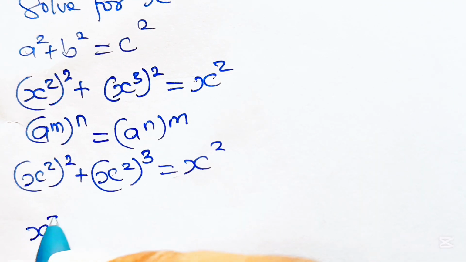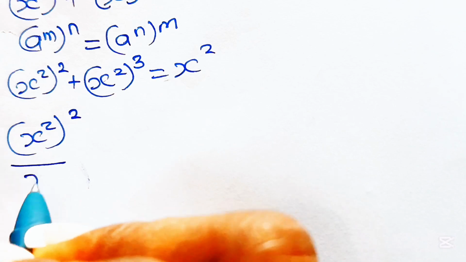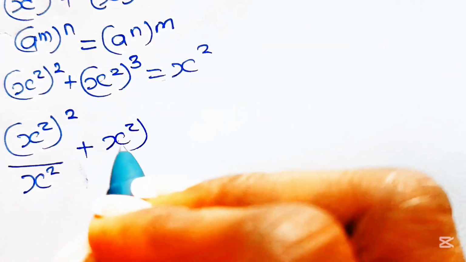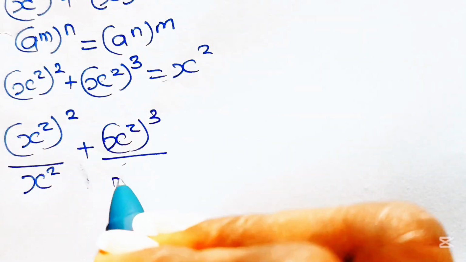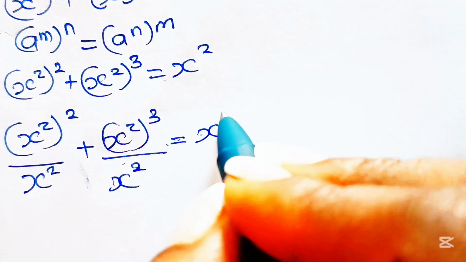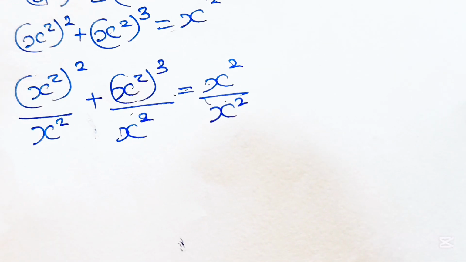So we're going to have x squared raised to the power of 2 divided by x to the power of 2, plus x squared raised to the power of 3 divided by x to the power of 2, is equal to x to the power of 2 divided by x to the power of 2.